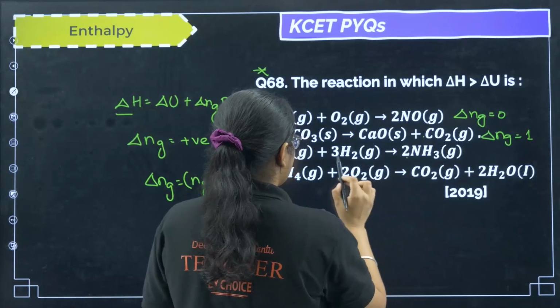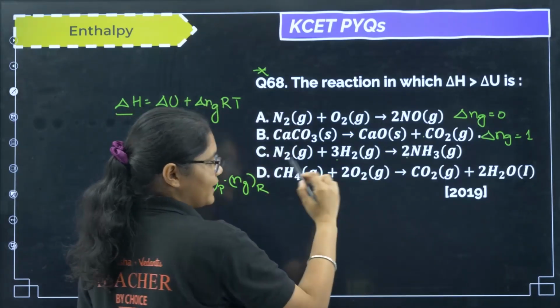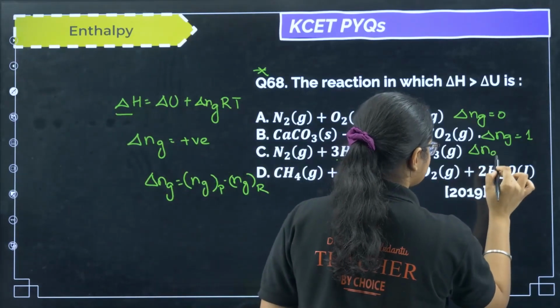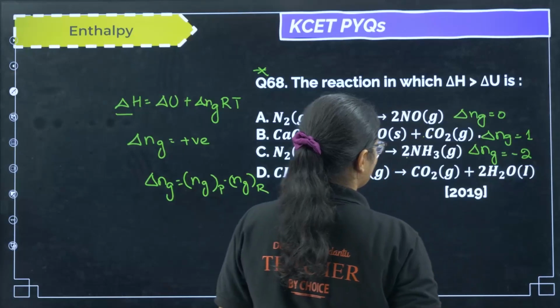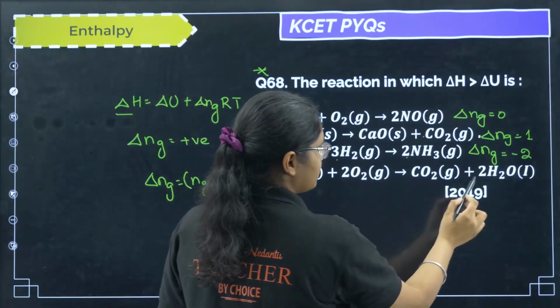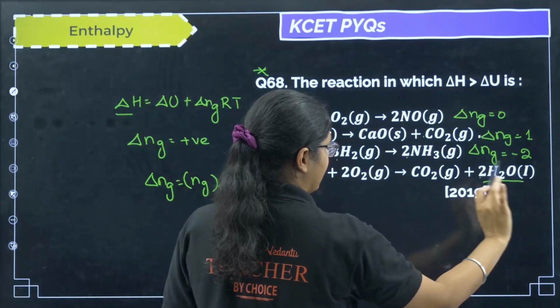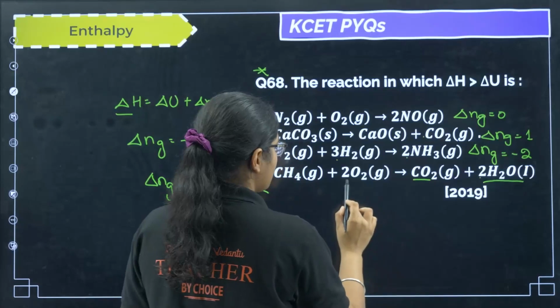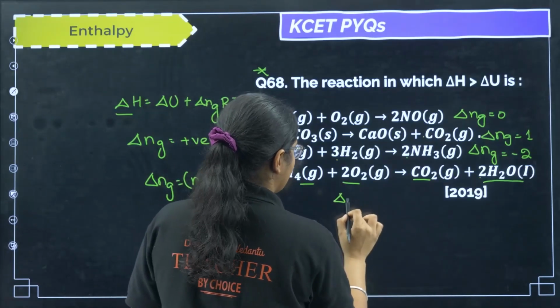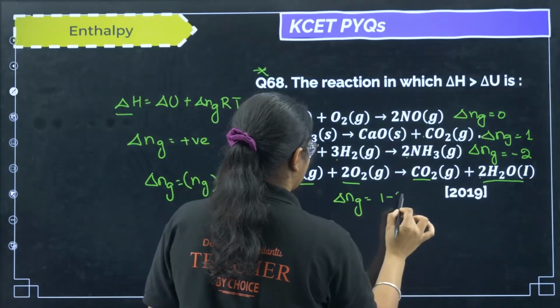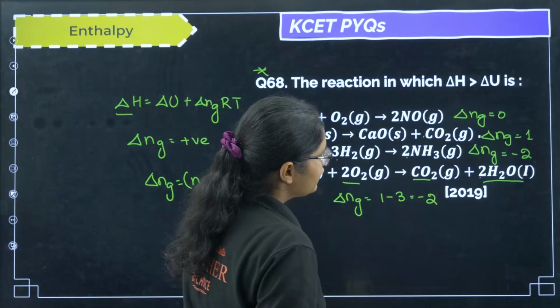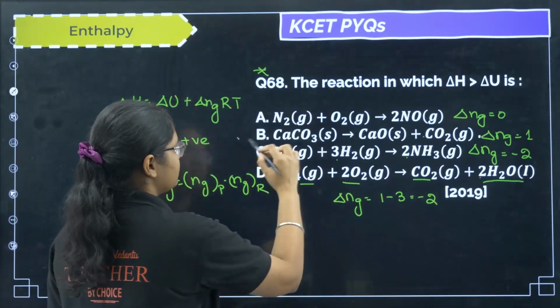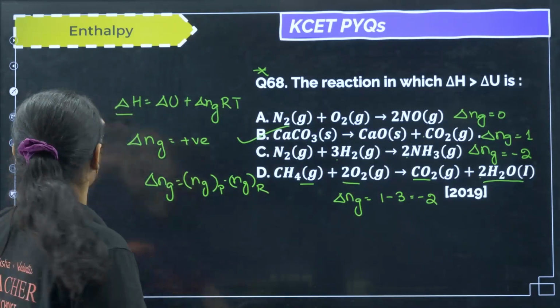Next we have 2 here and 3 plus 1 is 4, so 2 minus 4 is minus 2. Next I have here 2, this is liquid, we can eliminate. I have 1 here and I have 3 here. So delta Ng is equal to 1 minus 3, that is equal to minus 2. So which is positive? Option number B here, okay.